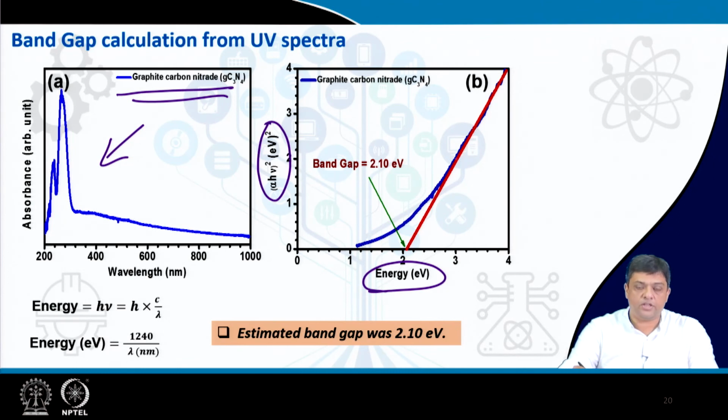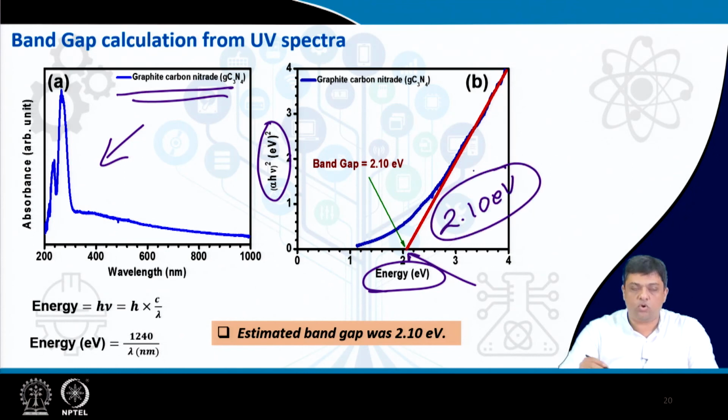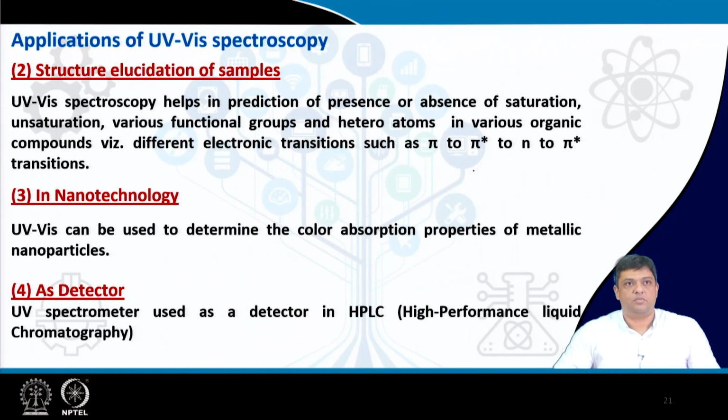You plot the red solid line and extrapolate, and the point it intercepts with the x axis is the value for band gap, and this is, for example, 2.10 electron volts for graphitic carbon nitride. And this is the way the band gap in semiconductors are estimated.